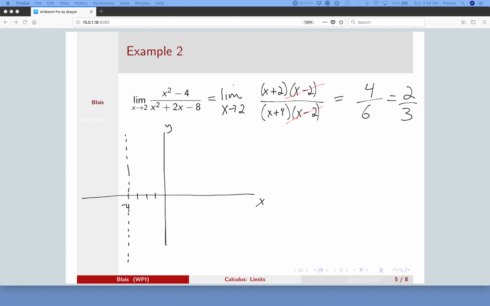And we'll also have a horizontal asymptote of y equals 1. And our function appears as such.